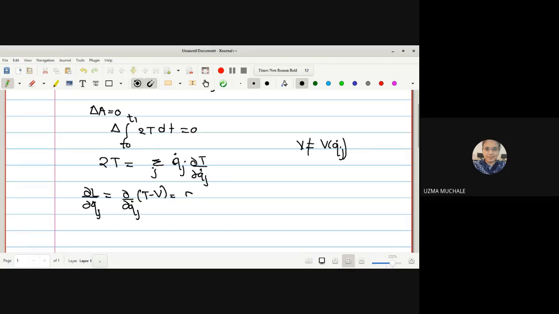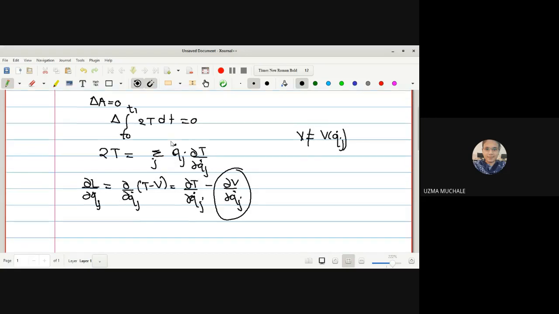So simply it will be dou T by dou qj dot. Why only dou T by dou qj dot? Because minus dou V by dou qj dot will be 0. This term is 0 because potential energy is not a function of generalized velocity.